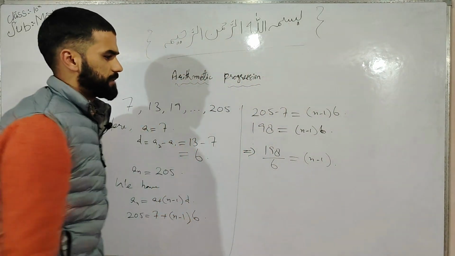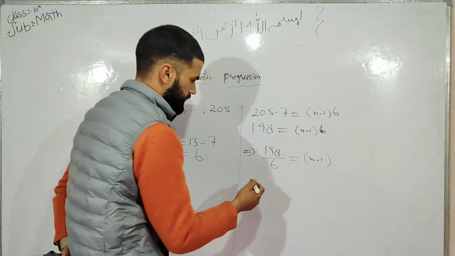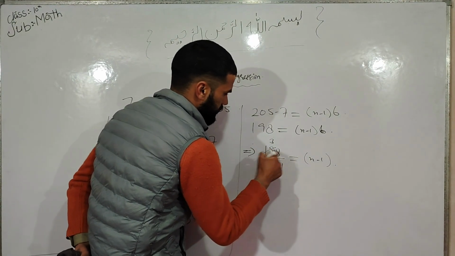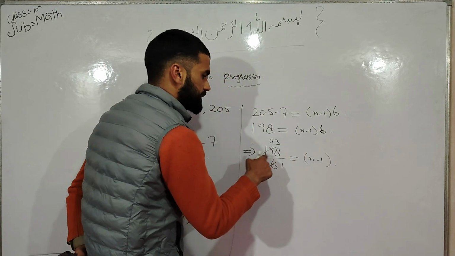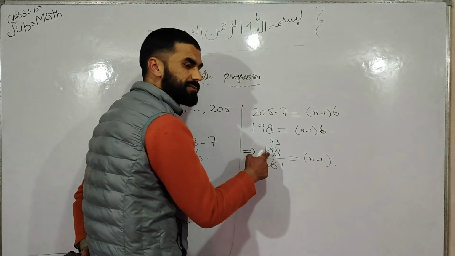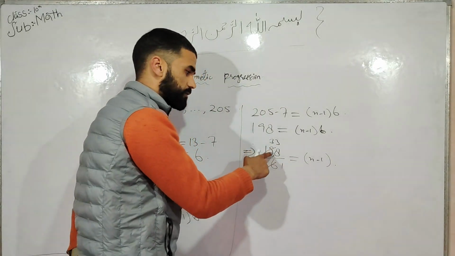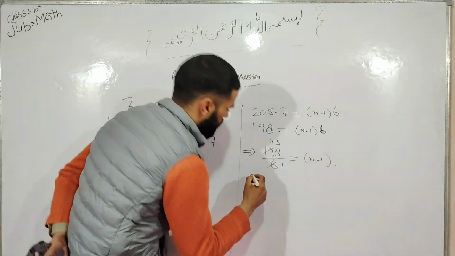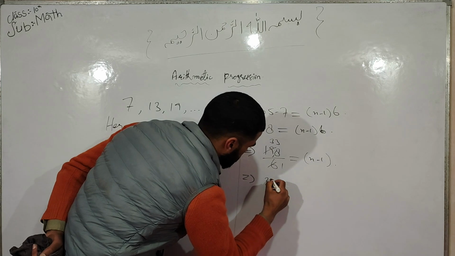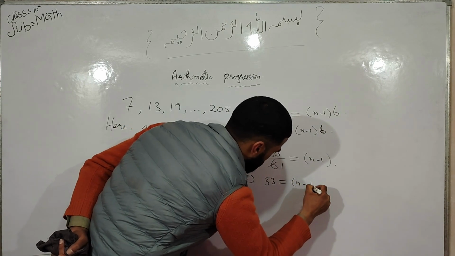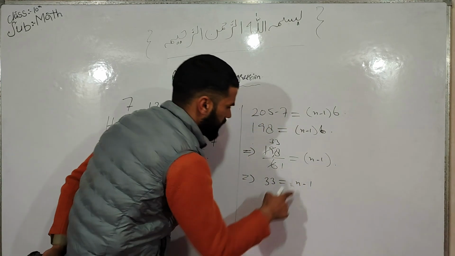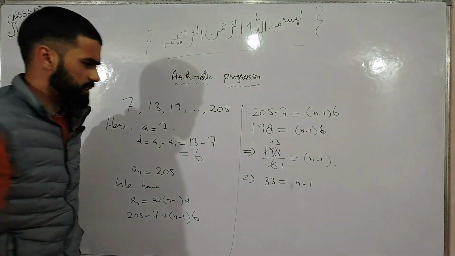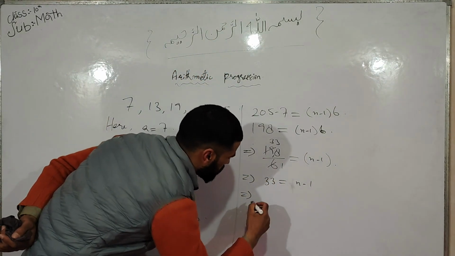So 198 divided by 6. 6 threes are 18, and we get 1, and 1 and 8 is again 18. So again 6 threes are 18. So this is 33. This implies 33 is equal to n minus 1. Now this is minus 1 here, so if we transpose it to LHS, it will be plus 1.